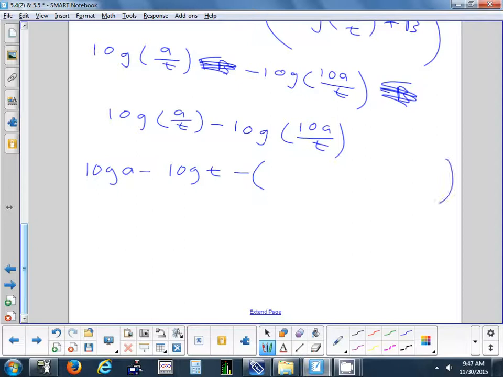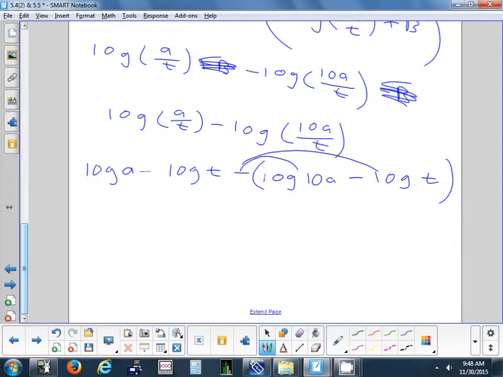Okay, I'm about to subtract this entire quantity. Okay, so I'm going to split it up. What's my first argument going to be? 10a, plus or minus? Minus log t. And now what do we do with this minus in front again? Distribute.